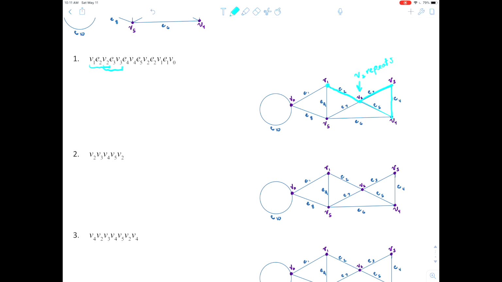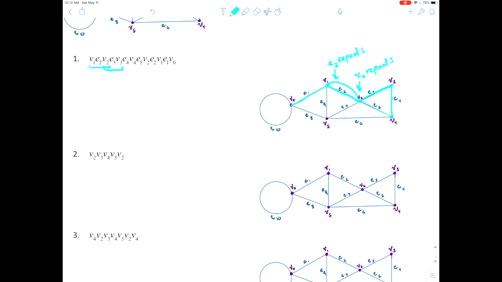So now V2, E2, V1, right? So E2 repeats. And then we are now at V1, E1, V0.